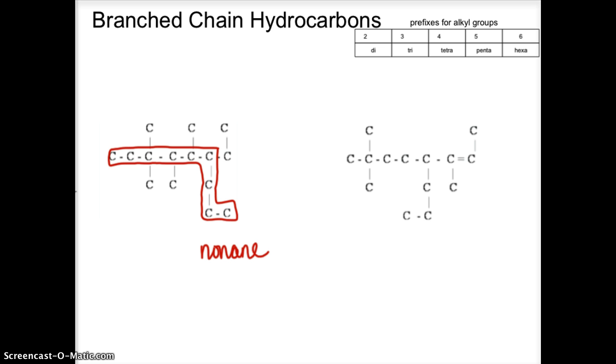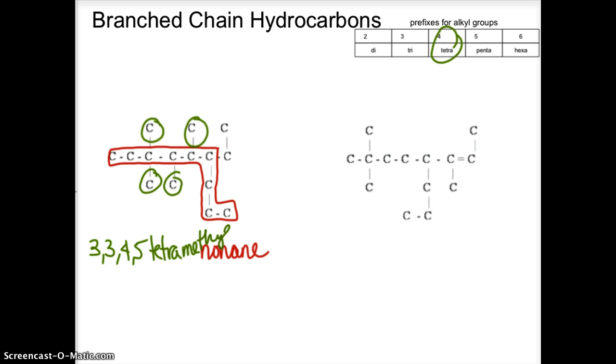Next we have to look and evaluate the methyl groups. So here I notice I have 1, 2, 3, 4 methyls. So that's a tetramethyl when you have 4 methyl groups. And their positions are 3, 3, 4, 5, tetramethyl.